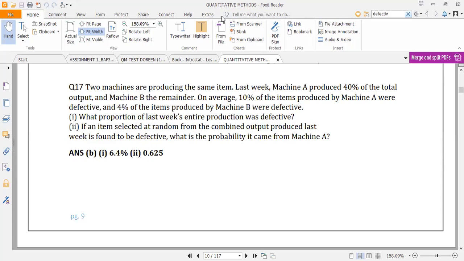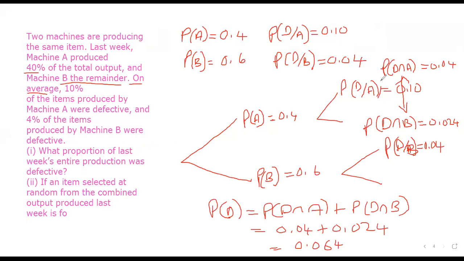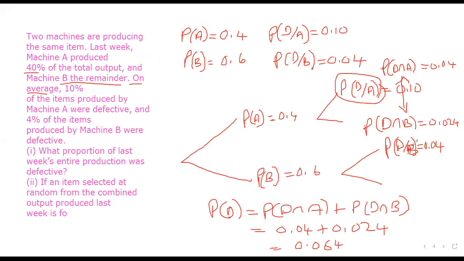So they are just asking you to find the posterior, which is the opposite. They're asking you to find A given D, not D given A. So probability of A given D is the probability of A intersection D over the probability of D. A intersection D was 0.04 and the probability of D was 0.064.